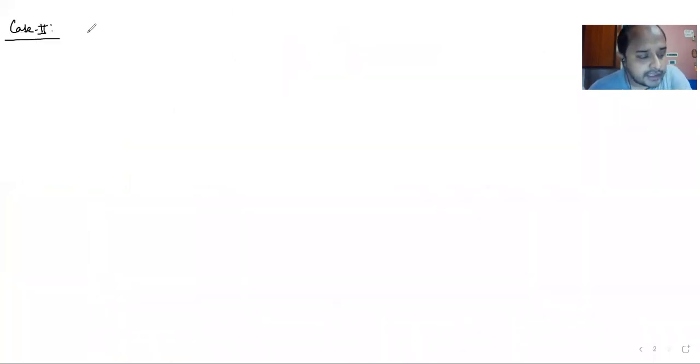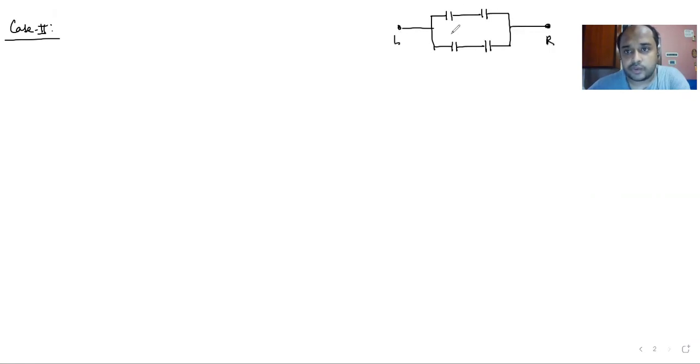Now, case number two. Just look at the relay. I'm drawing the relay once again so that it remains in front of you. This is the structure of the relay. This is your L, this is your R, this is 1, this is 2, this is 3, and this is 4.